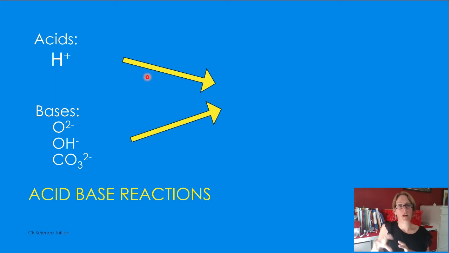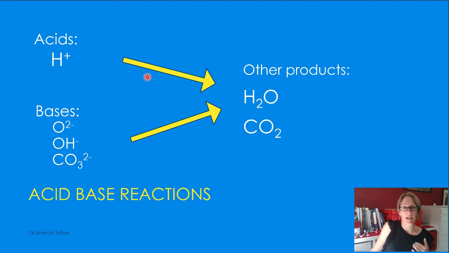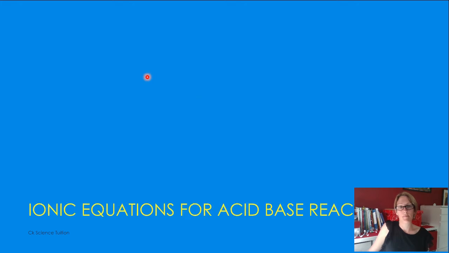The other parts, like the chloride and the metal, would make the salt. This is the part that makes the water and or the carbon dioxide. The main process in an acid-base reaction is that the hydrogen from the acid comes together with the oxygen from the base to make water. The only exception to this is ammonia, which you will do more about at A level but isn't touched on much at GCSE.